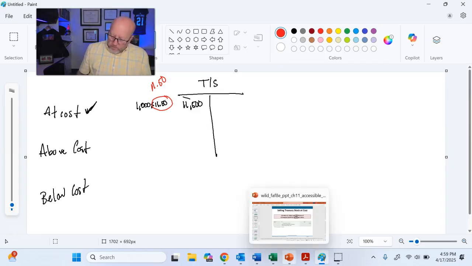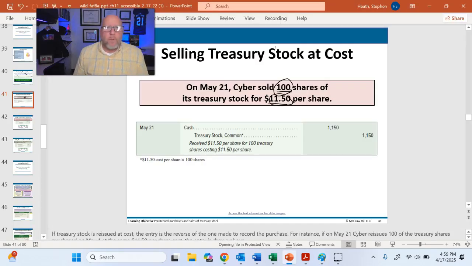So the journal entry to record the sale of Treasury stock at cost, it's just going to be the cash that we collect, and we sold 100 shares times $11.50 per share, therefore 1,150. And then I'm going to lower that Treasury stock account, right?